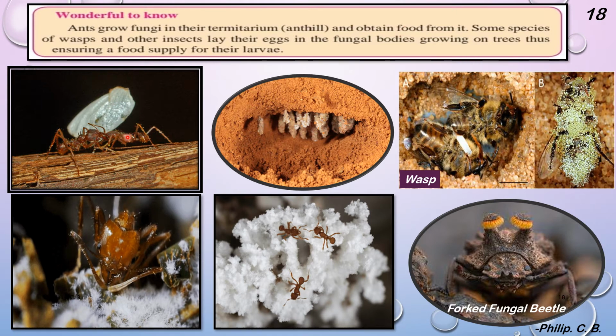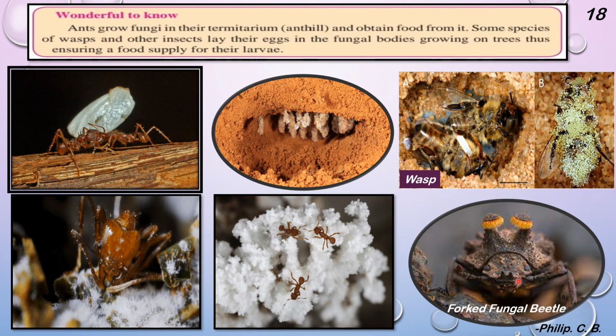So if you see here, ants growing fungi in the ant hill, which you can see over here. And once it's complete, when the young ones come out, you can see the young ones feeding on the fungi species, right? And here a wasp, which again is laying eggs in the fungal bodies.